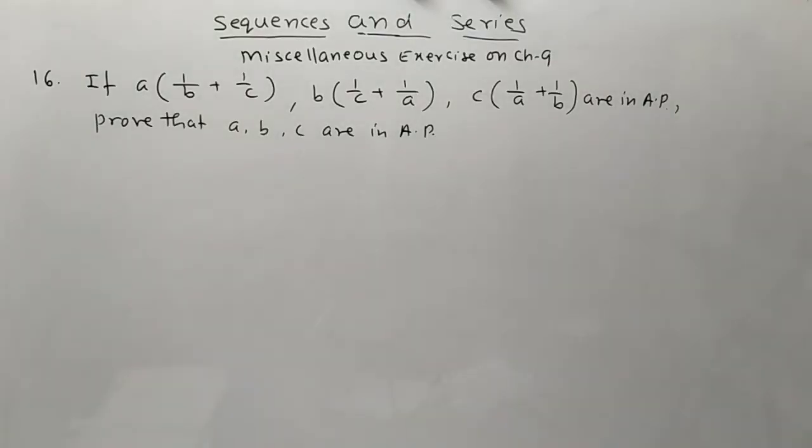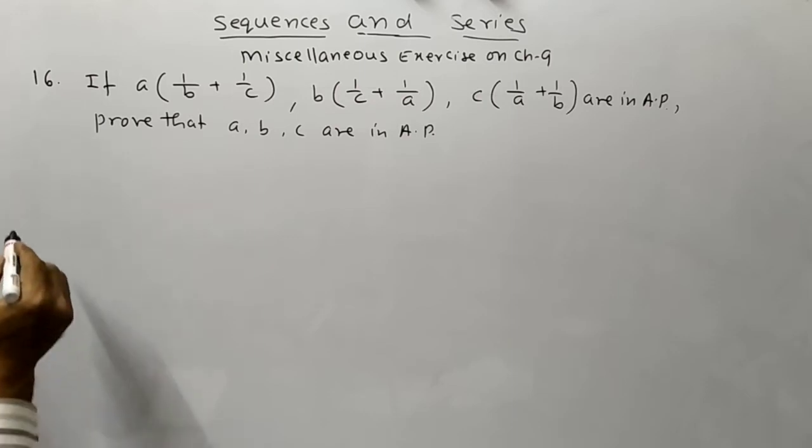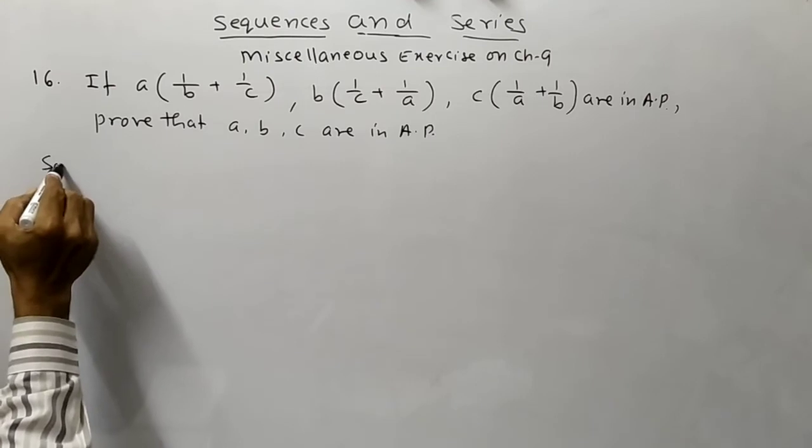Question number 16. If A into 1 by B plus 1 by C, B into 1 by C plus 1 by A, C into 1 by A plus 1 by B are in AP, prove that A, B, C are in AP. Solution.